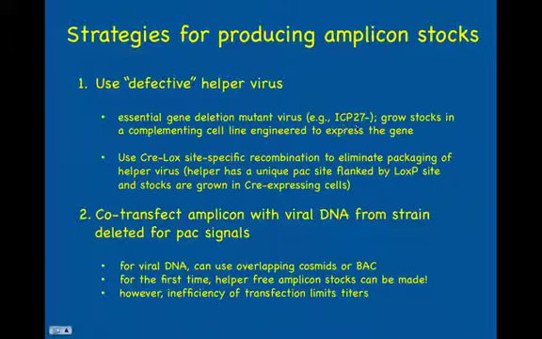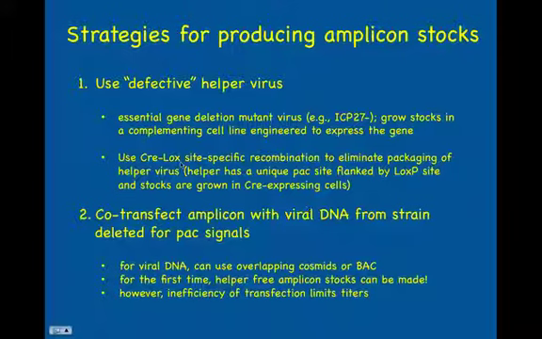Specifically, apparently, ICP27 is the gene you knock out. You grow stocks in a complementing cell line that's engineered to express ICP27, and then you can use Cre-lox site-specific recombination to eliminate the packaging sequence of the helper virus. So you'll have the pack signal with LoxP sites on either side, then you create Cre-expressing cells.